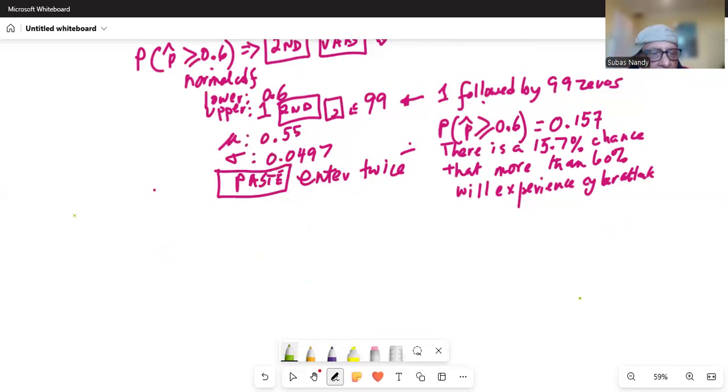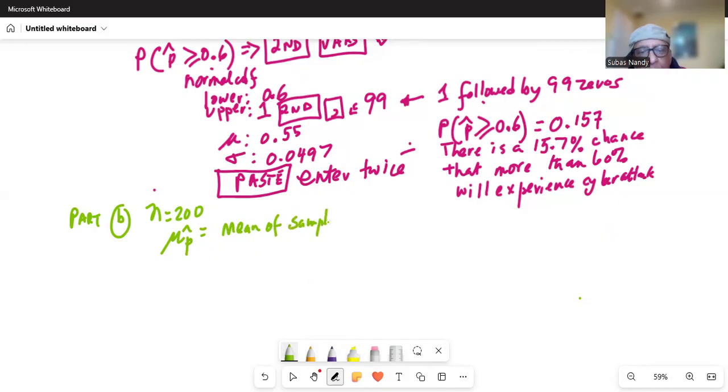So let's go over here and change the color of the ink to something more interesting. Okay, so part B. Sample size is now 200. The mean of the sampling distribution, mu p hat, still stays the same. This is the center on the horizontal axis where the peak is the highest.